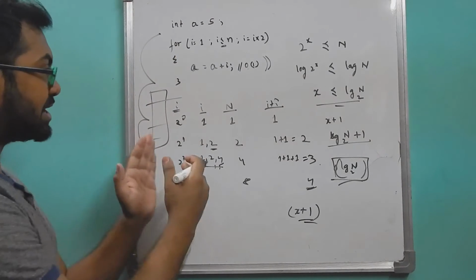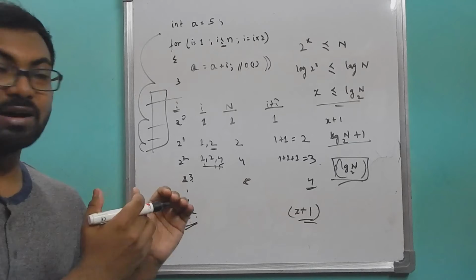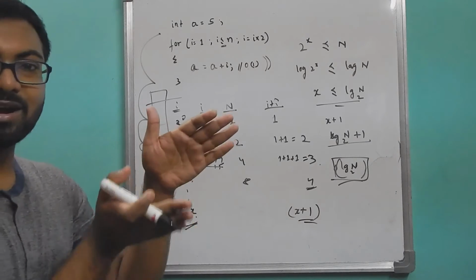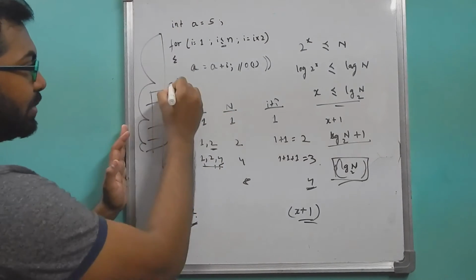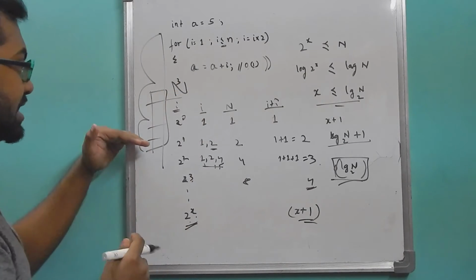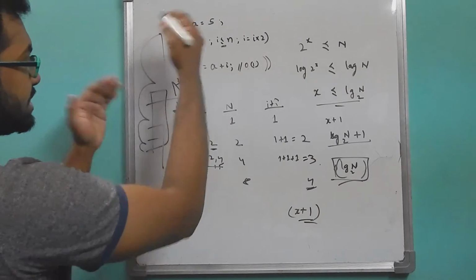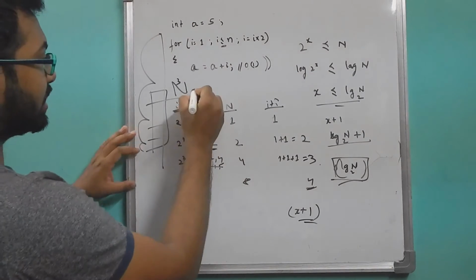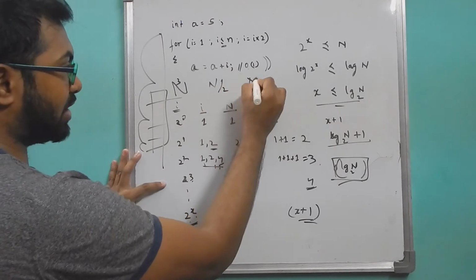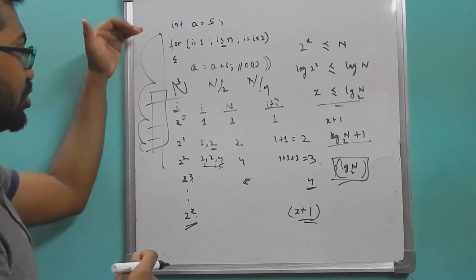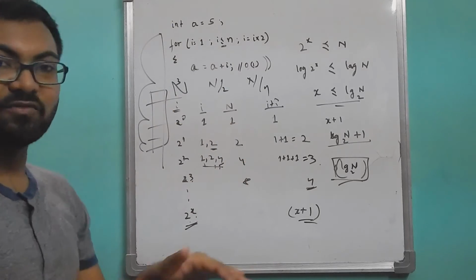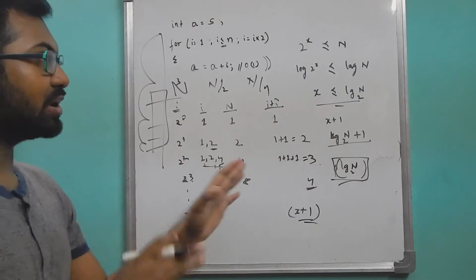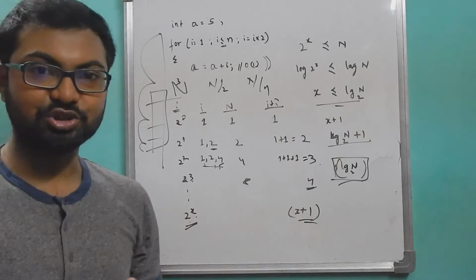So at every step the total distance is getting halved. If the total length of the building is n, suppose you're coming from top to bottom, at the first step it will be n by 2, then n by 4, likewise. So at every step the remaining distance becomes half, and that's how you can visualize a log n solution.